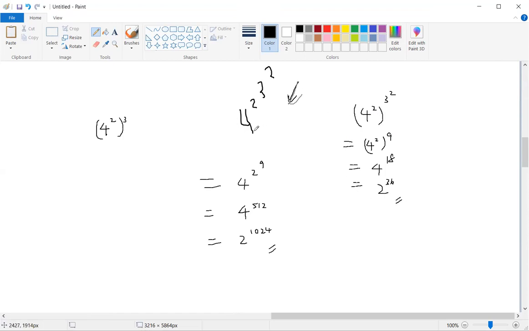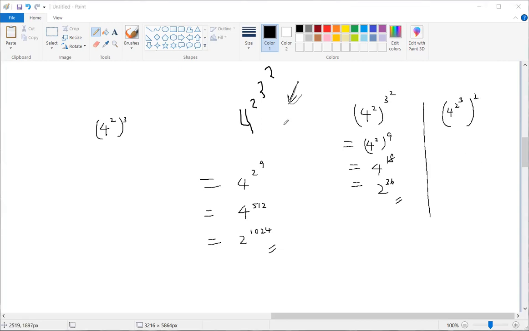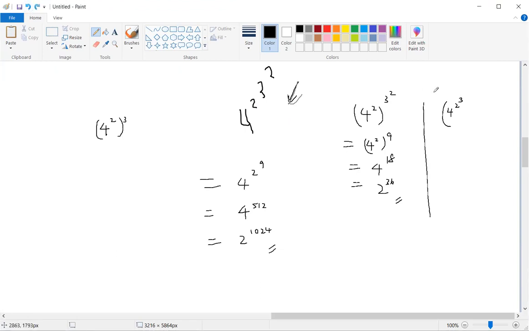So if there's another bracket, you are asking if it's a 4 squared cubed and then 2, is that what you mean? No, a 4 squared in brackets to the power of 3 in brackets to the power of 2. Like this, and then this, and then this.